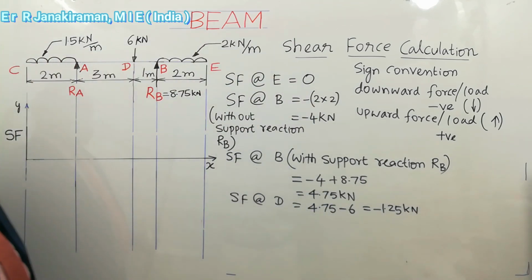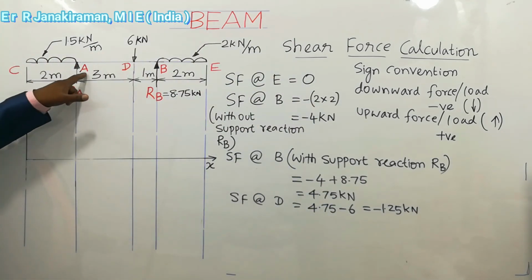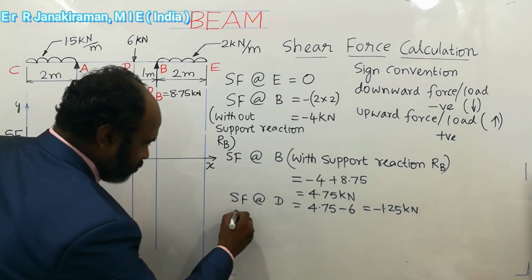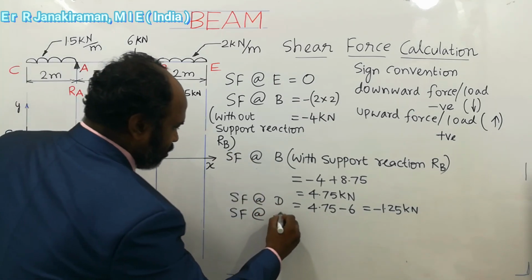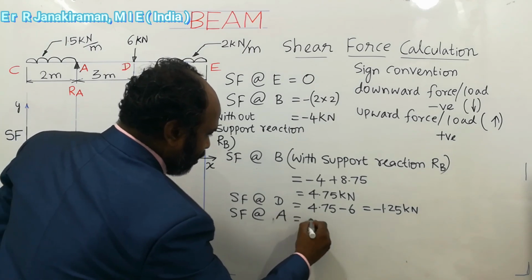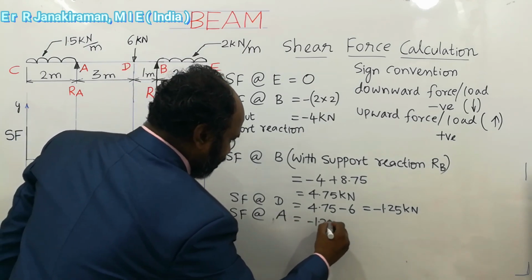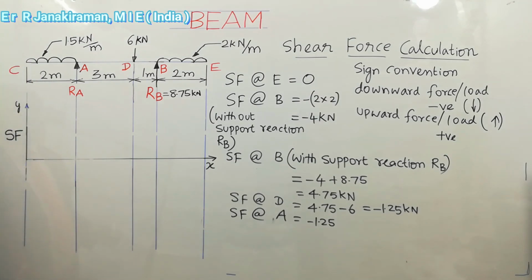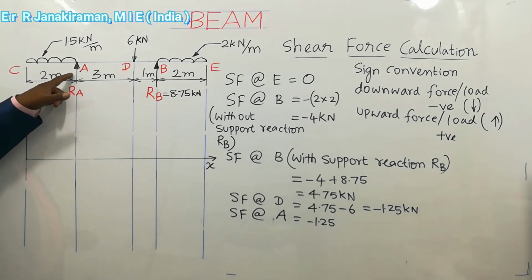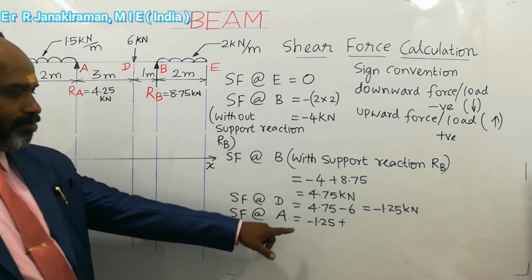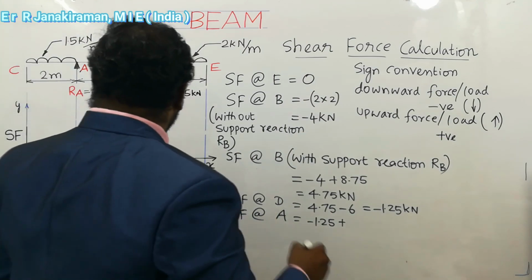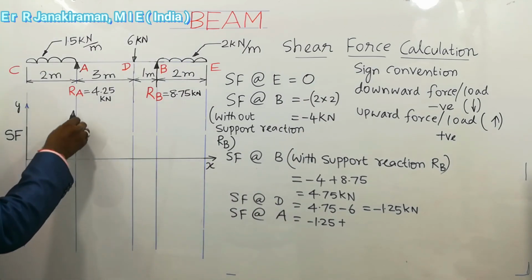Understand? So next point is point A. So shear force at A, the previous value is minus 1.25. At point A, there is only the support reaction RA. So plus, RA is acting upward at A. Shear force at A is the previous value plus RA, a force acting upward.